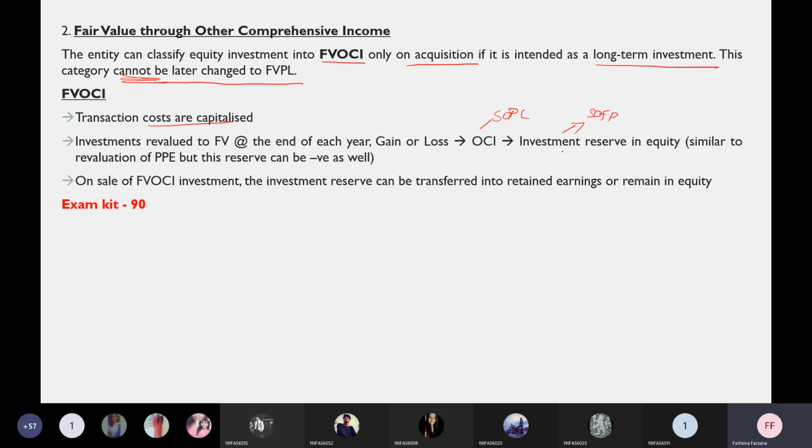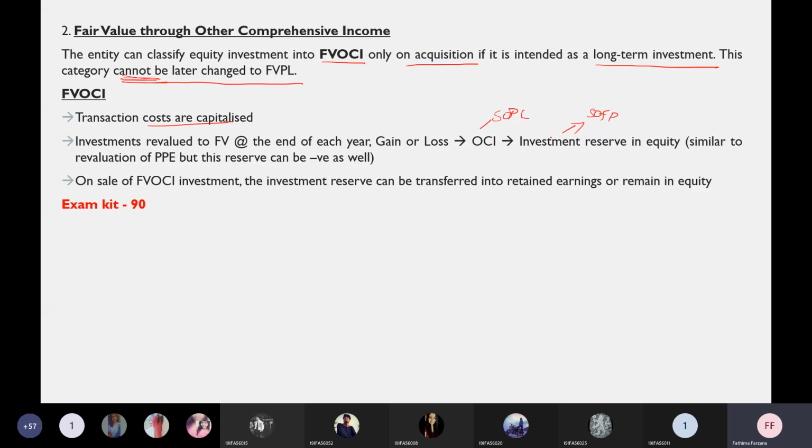Okay, so here it is taken to investment reserve. It can be positive as well as negative. Then on sale of an FVOCI investment, the investment reserve can be transferred to retained earnings or remain in equity. Same as PPE. In PPE, we will revalue an asset, and if you are getting any gain, you will take it to OCI, and then to revaluation gain.